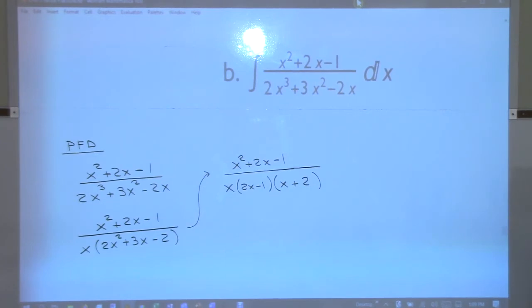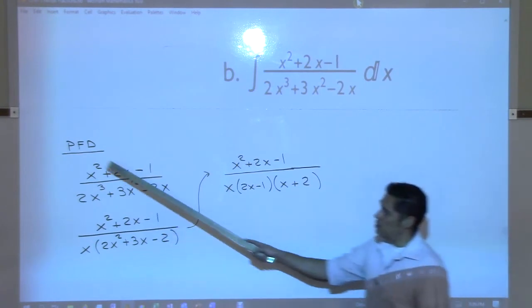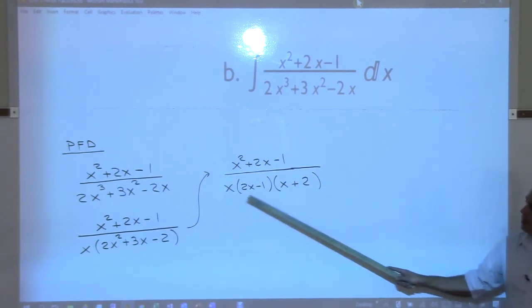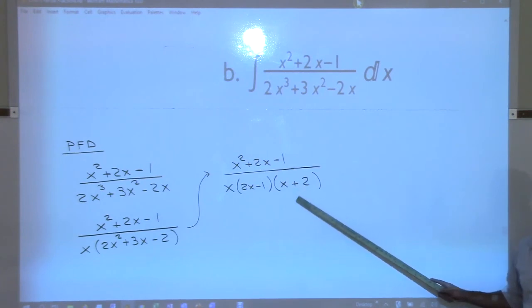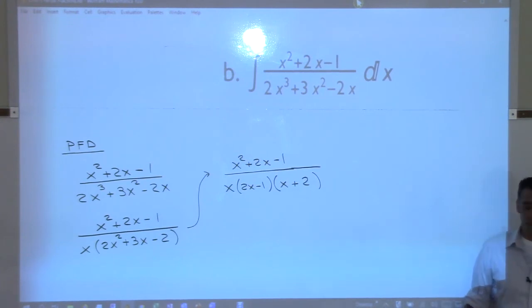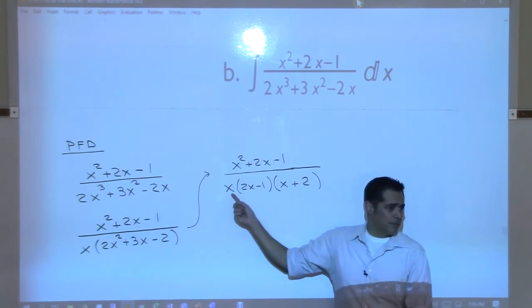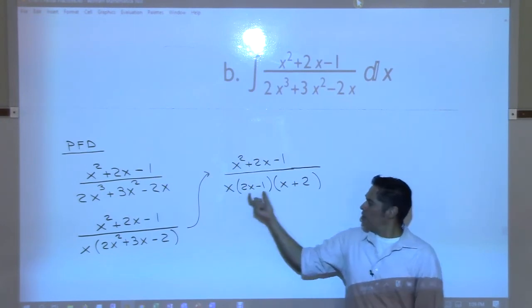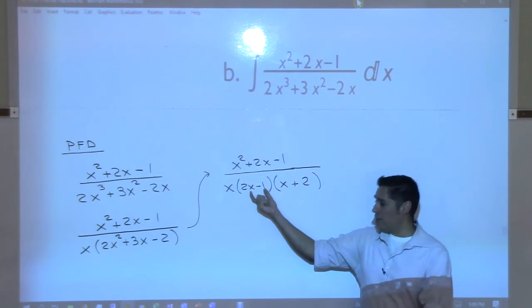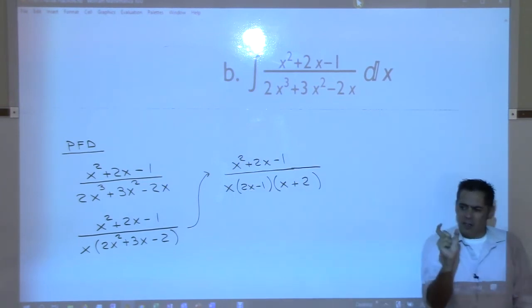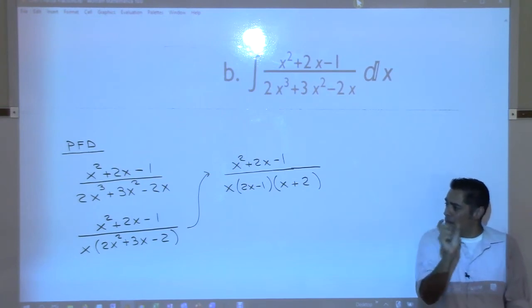Going back to this method that we learned, we look at the denominator and the factors and discuss what type of factors they are. This first factor, x, is a linear factor because it's x to the first power. 2x minus 1 is also a linear factor, and x plus 2 is a linear factor. They're all little linear expressions individually.